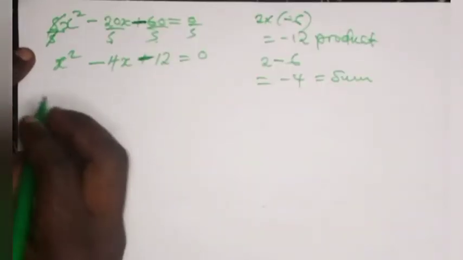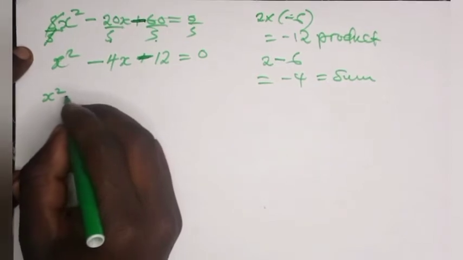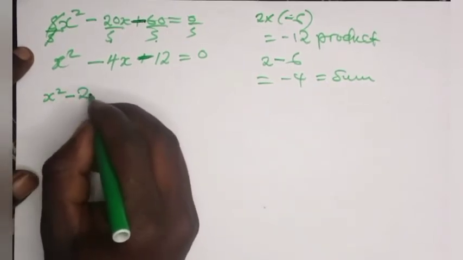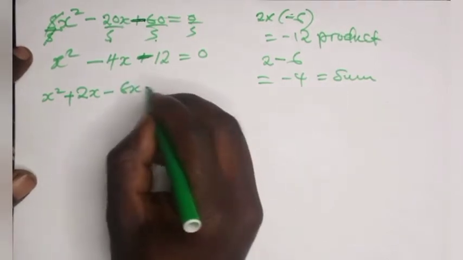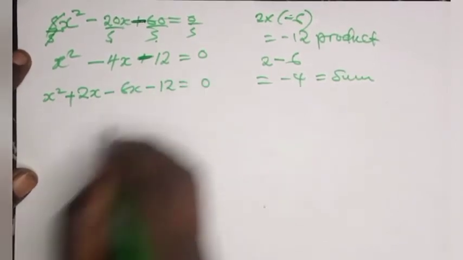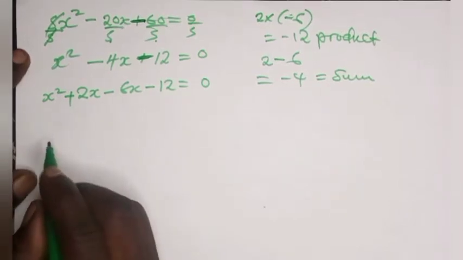So now let's substitute. It will be x squared plus 2x minus 6x minus 12 equals 0. Then here we are going to factor out what is common.